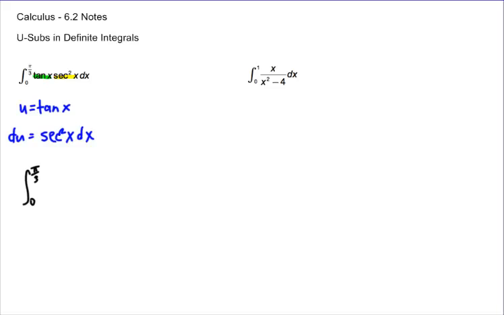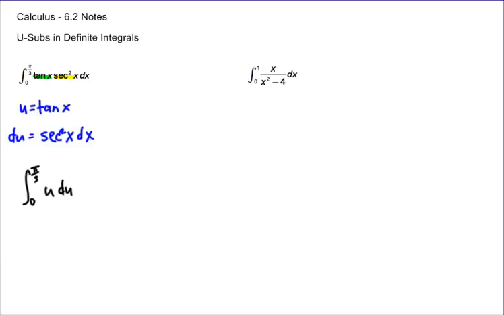of u du. Now there's a couple things that we can do here, and one of them is to go ahead and change our limits of integration, because then we won't have to do any substituting when we get done. We'll already have taken care of it, and this really can make the problem quite a bit shorter.